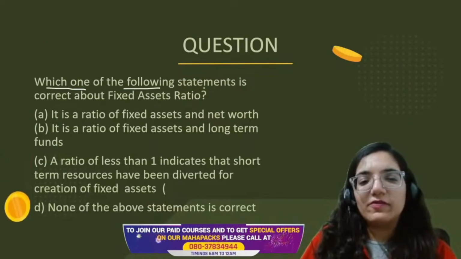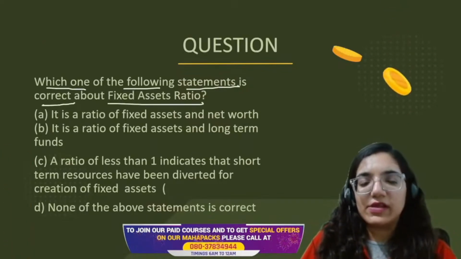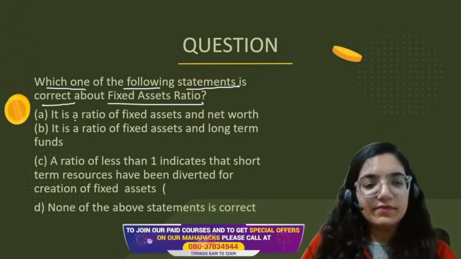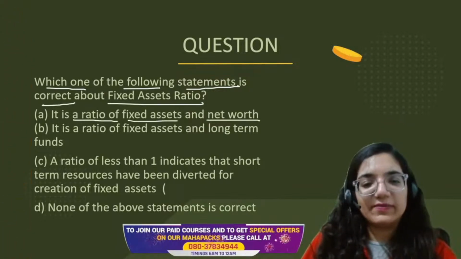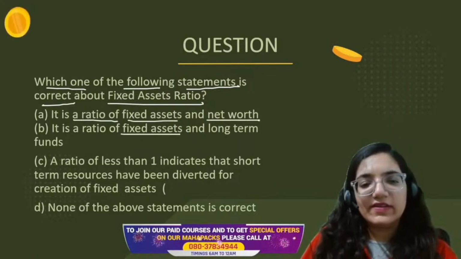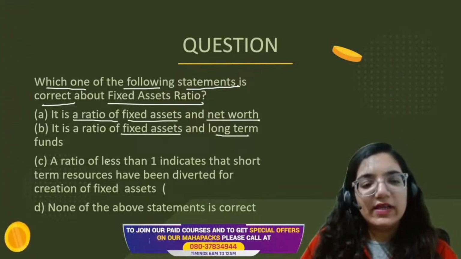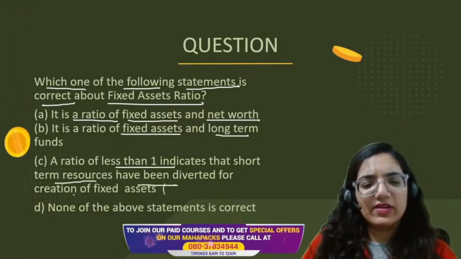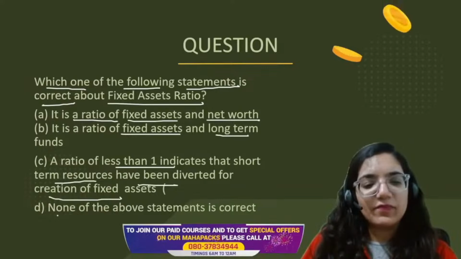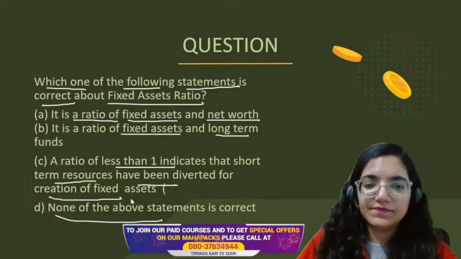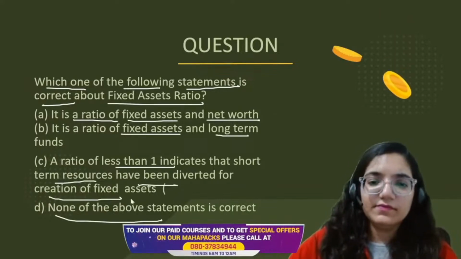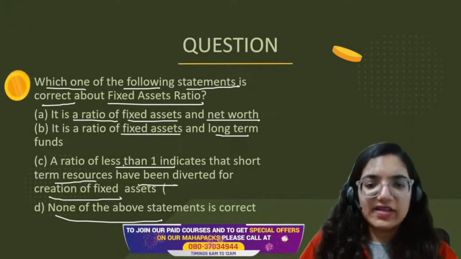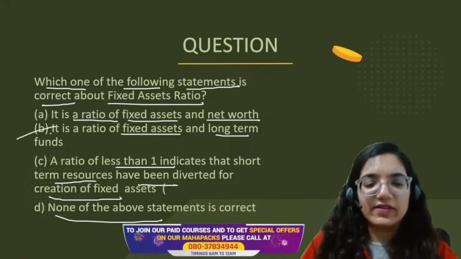Which one of the following statements is correct about fixed asset ratio? What's true, everyone? It is a ratio of fixed assets upon net worth, fixed assets upon long term funds. A ratio less than 1 indicates that short-term resources have been diverted for fixed assets, or none of the above. There is only one thing correct, that is fixed assets divided by long-term funds.